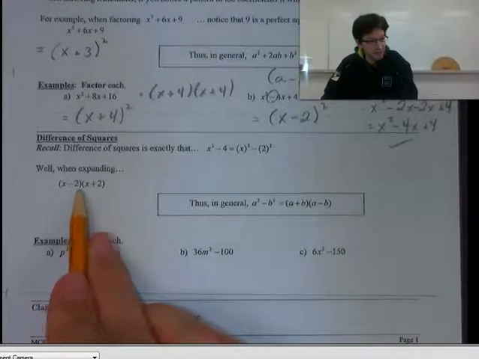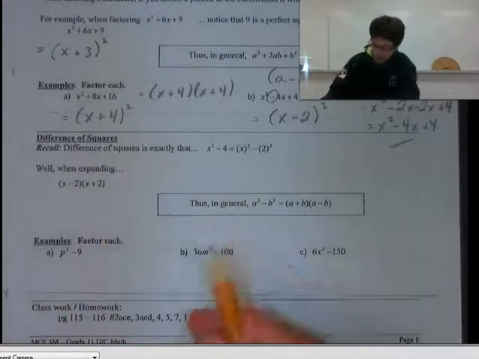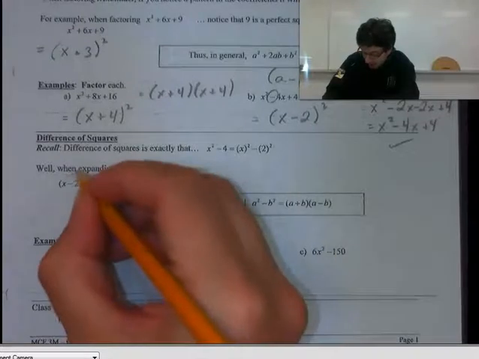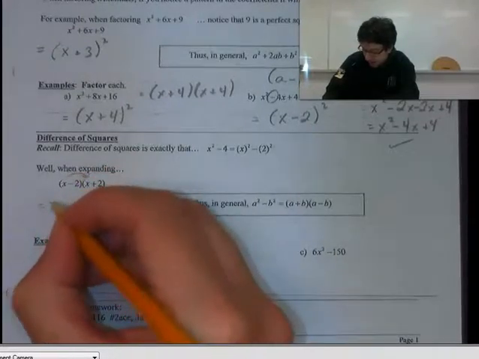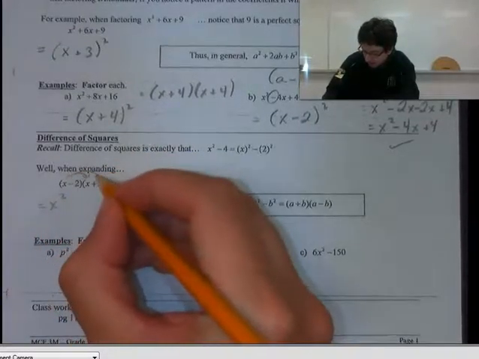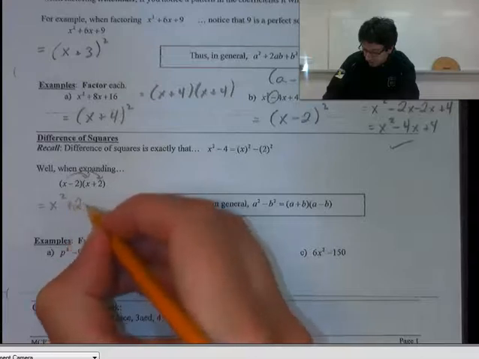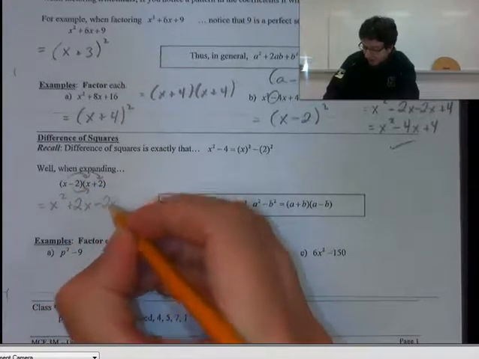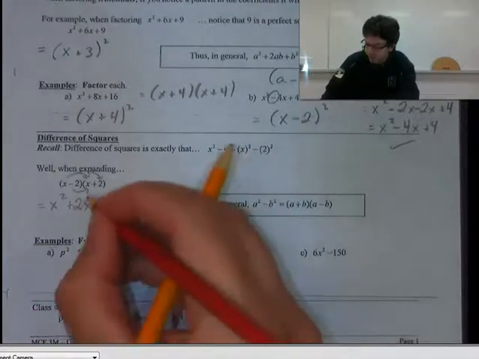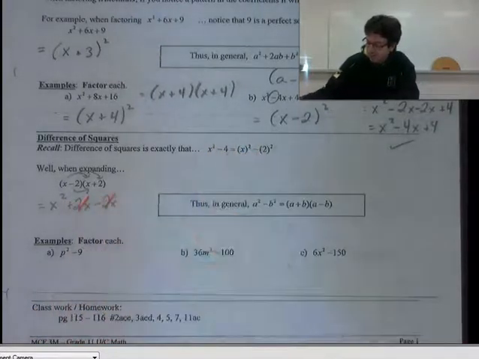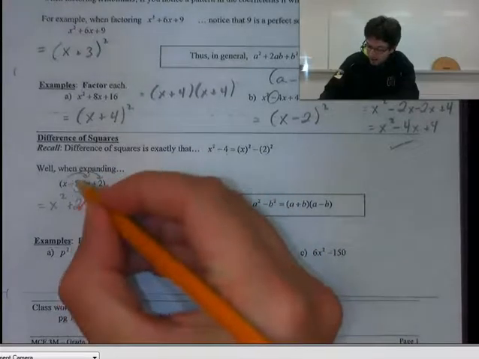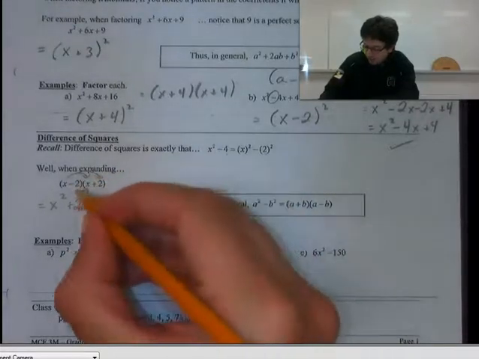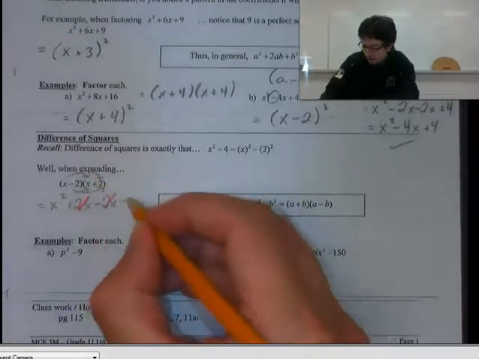x minus 2, x plus 2. When we expand that, just FOIL it, x times x gives you x squared. x times 2 gives you 2x. Minus 2 times x gives you minus 2x. So you can see these two like terms here will cancel. It's plus 2x minus 2x. And then negative 2 and positive 2 gives you negative 4.